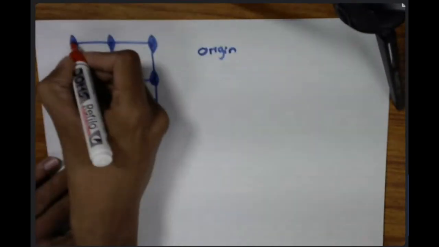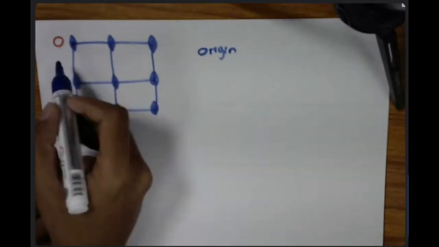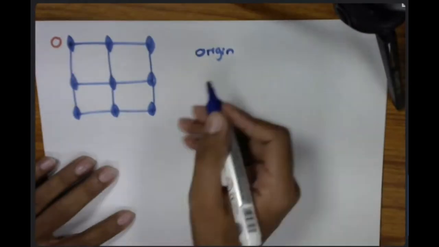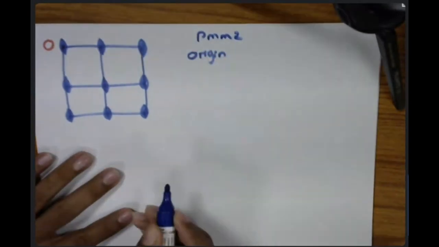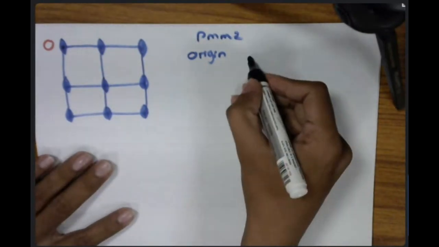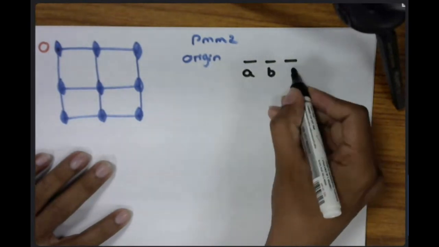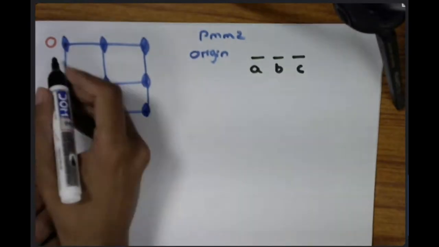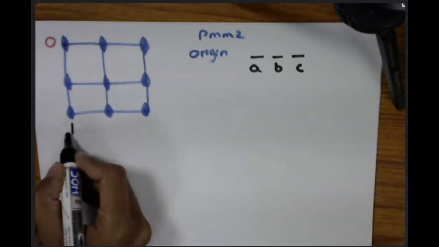So the origin is somewhere over here. So again, this is a Pmm2, an orthogonal system, and so we know that the viewing directions will be A, B, and C. So along the A, what is there?